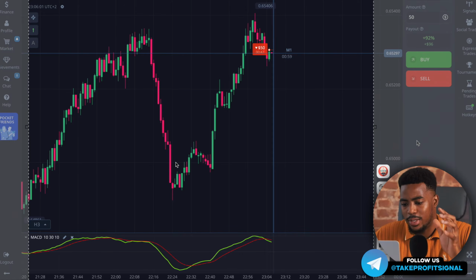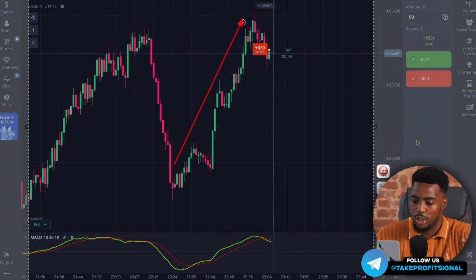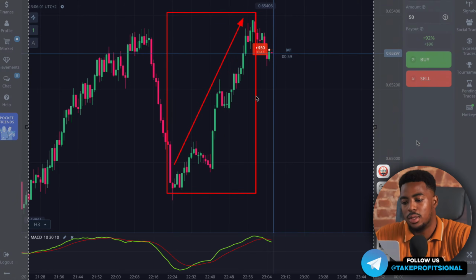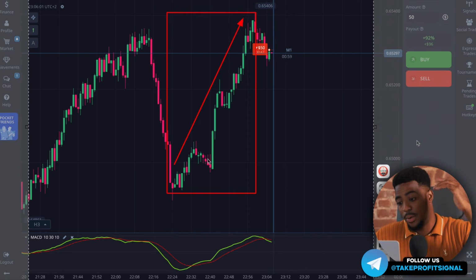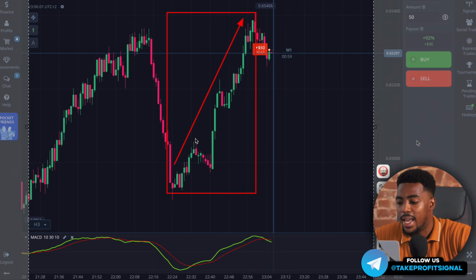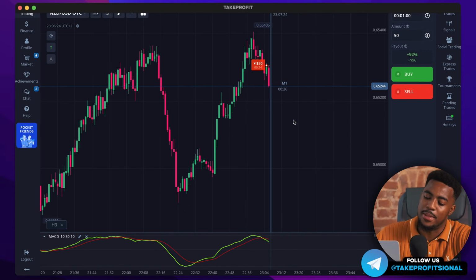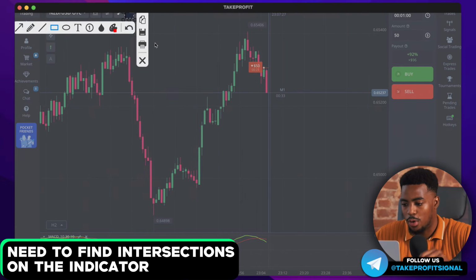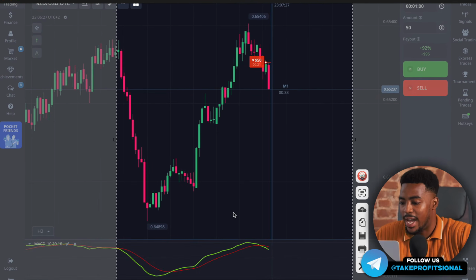I hope everyone can see that we have an upward trend here, meaning that in this specific area of the chart, the price is rising with green candles indicating a constant increase. Next, what you need to notice is the crossover on the indicator that we just added.